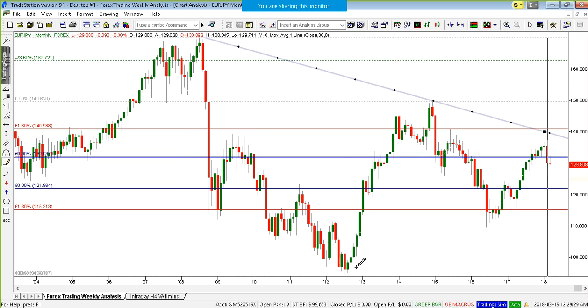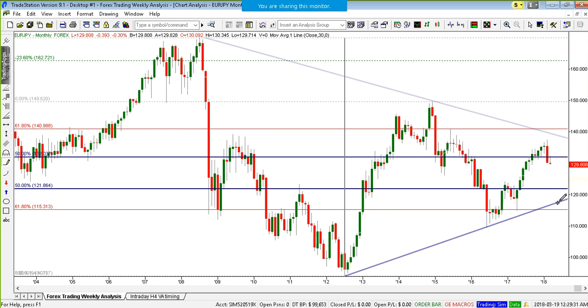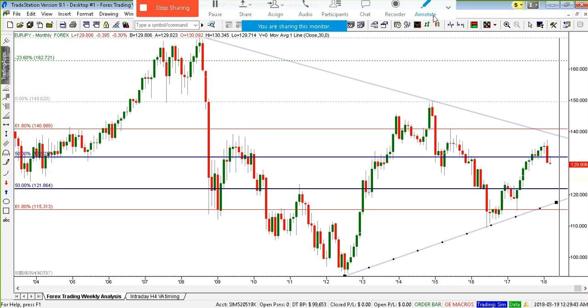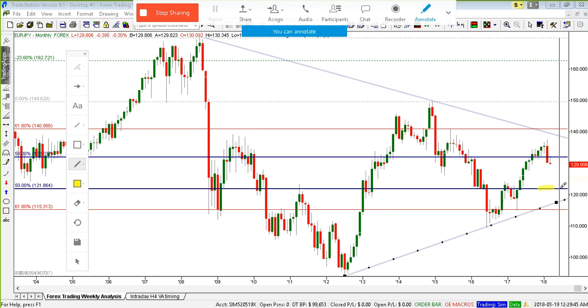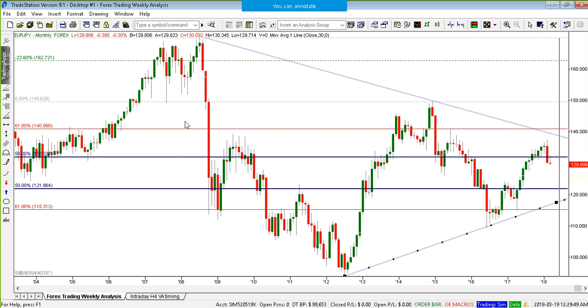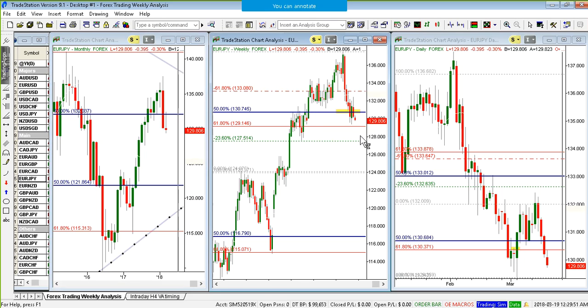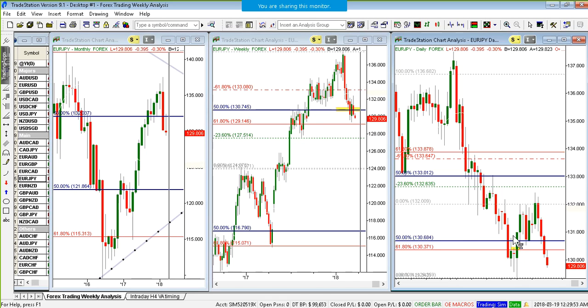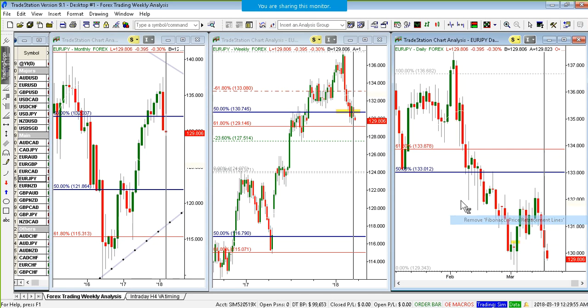Of course, that makes little sense to us, because this consolidation will take many years to complete, but it gives us a perspective of where this market is moving, and this market might be moving to the bottom of this area of consolidation. So if that's the case, in the coming days and weeks, it might offer opportunities for shorts.